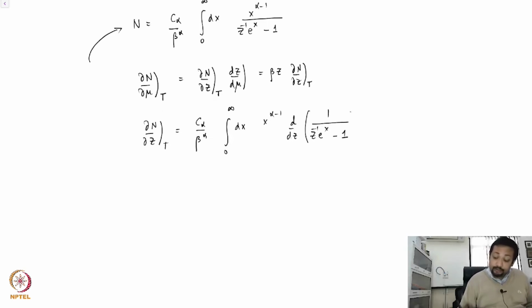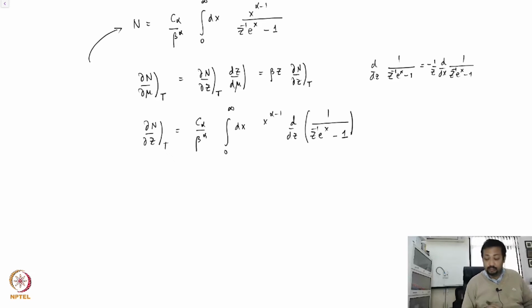Again, I know the standard trick how to do this. I know that d/dz of 1 over (z⁻¹ e^x - 1) is minus 1 by z d/dx of 1 over (z⁻¹ e^x - 1).